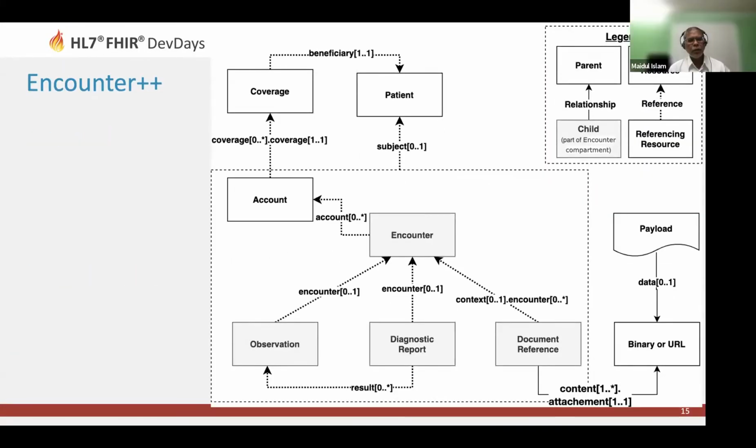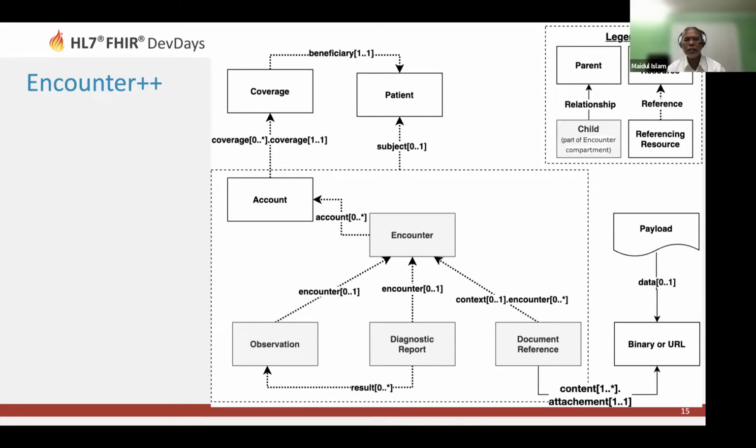Yeah, as I was mentioning, I was going through the FHIR specifications. I could see that the document reference has a context. Within the context, it can have an encounter, 0 or more. So we can make that relationship from the document reference to the encounter. And the document reference does have content, 1 or more.